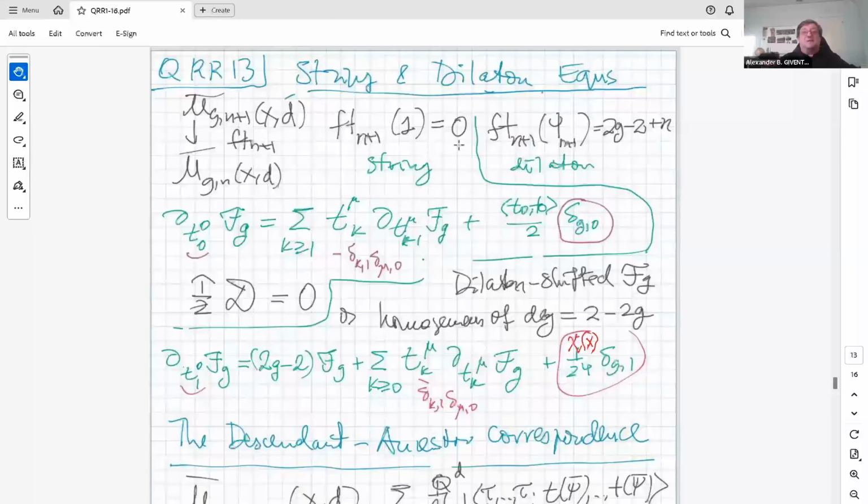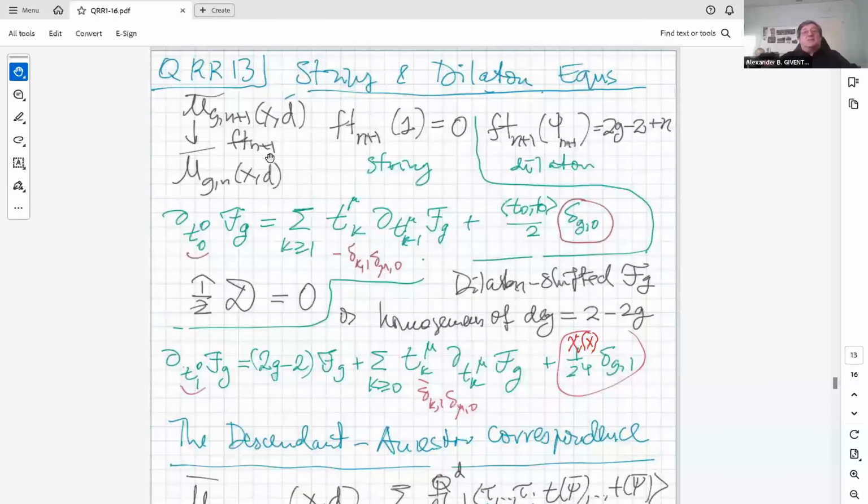Likewise, if you take the psi class, the first Chern class of the cotangent bundle defined by the cotangent space at the current marked point along the fibers, at the plus first marked point, then the push forward of it in homology theory should be a constant, a degree 0 class.